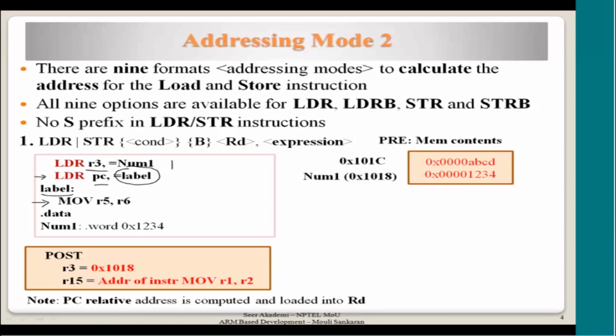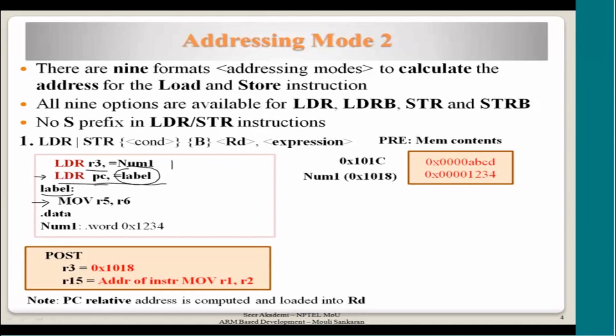So this can also be done using the LDR instruction. I am showing you that control flow can be affected by an LDR instruction also. There are branch instructions which we will be covering in later sessions, but just by loading a new value into PC directly using this kind of instruction, you will be able to change the flow of the instructions.